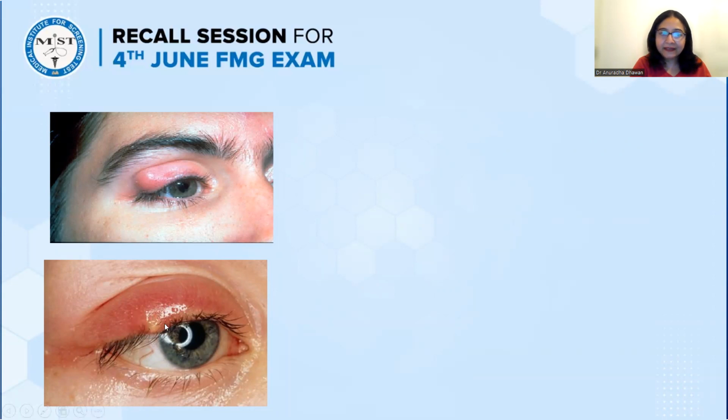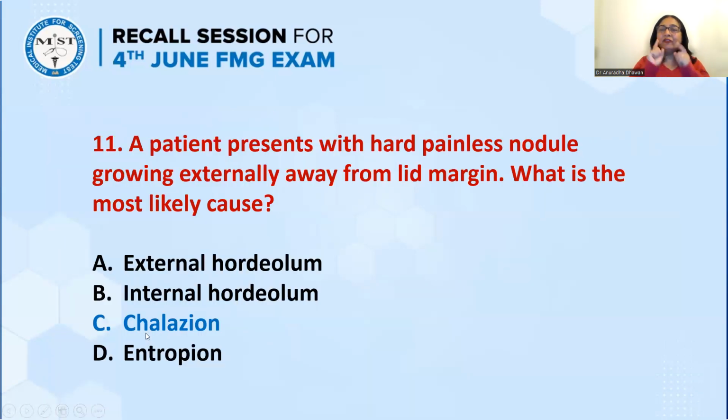The stye is always painful and in relation to the hair follicle. So here, the question asked about a painless nodule growing away from the lid margin. I hope the choice was very clear in terms of chalazion. So chalazion is the right answer here, not the external or internal hordeolum, and of course not the entropion. I don't know what exactly the fourth choice was, but chalazion is the clear-cut answer to this question.